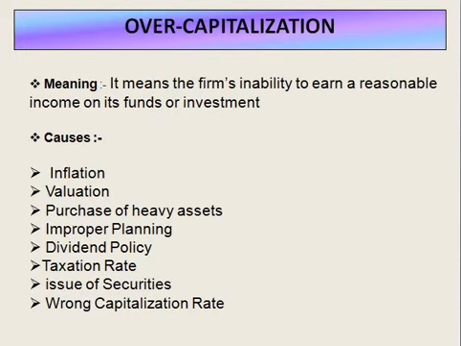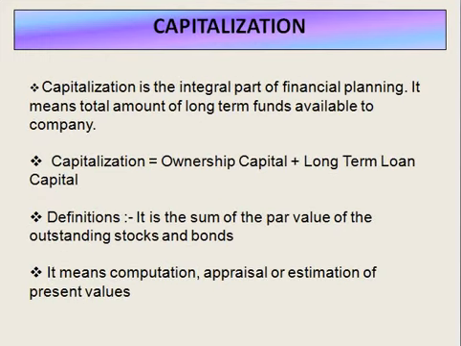A little bit we will revise. In today's lecture we have seen capitalization. Capitalization is an integral part of financial planning. Before doing financial planning, we have to think of capitalization, that is, how much capital is available in the company. Capitalization is formed by two main factors: first, ownership capital, and second, long term loan capital.